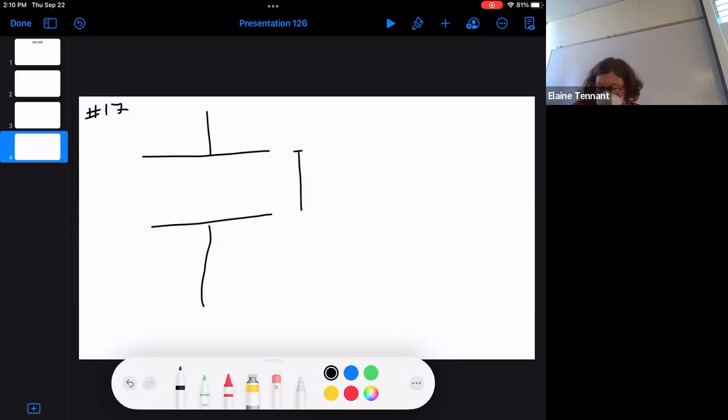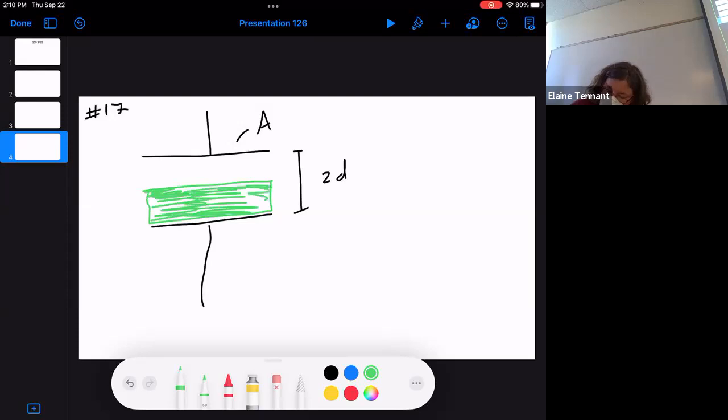The distance between the plates is 2D, the area of the plates is A. We're going to fill it halfway with a dielectric, but now our dielectric, instead of covering the left or the right half, will cover the bottom half. And so that's D and that's D. It's got some kappa that's more than 1. And of course up here we have air.